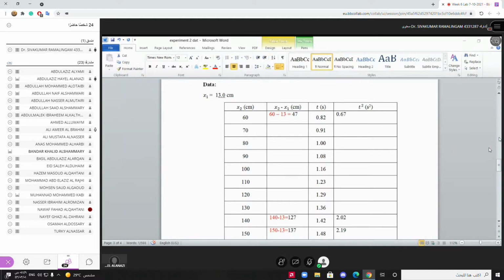Doctor, in the previous page, the theta, should I write it in 2 decimal? You can write many decimals because I'm not going to draw the graph. Minimum 2 decimal. Only for the data I'm using to draw the graph, it should be 2 decimal. I'm not going to draw the graph by using theta.